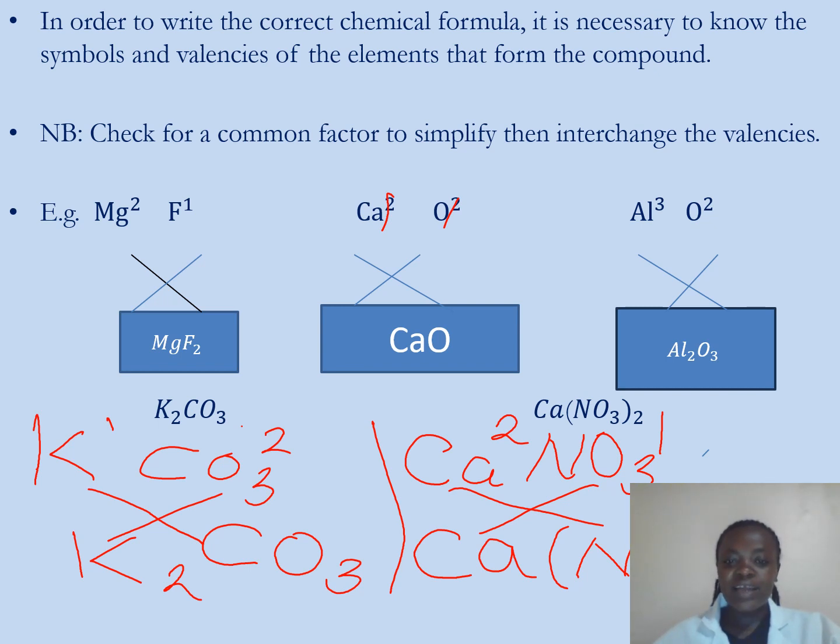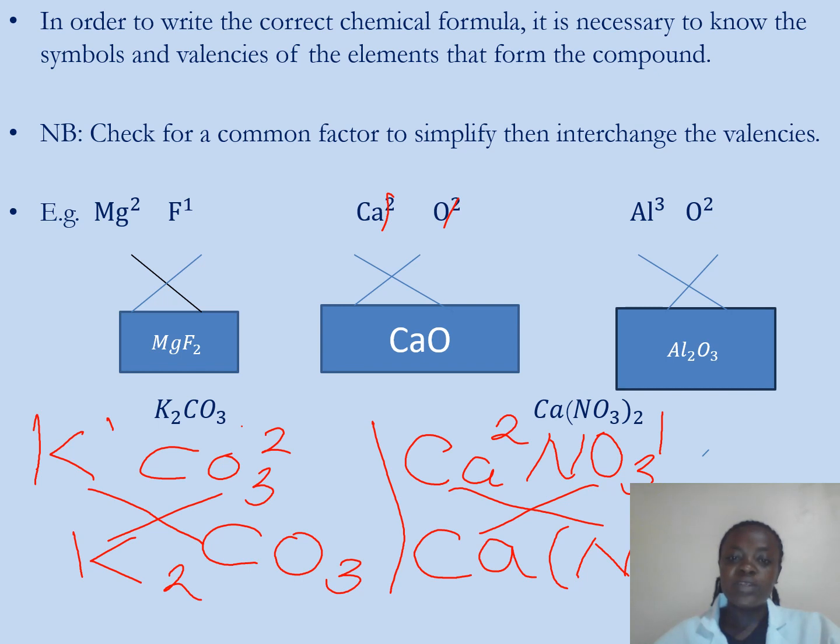Let us look at calcium oxide. The chemical symbol for calcium is capital C and small a, and the valency of calcium is 2. Then for oxygen, the chemical symbol is O, and its valency is 2. Do we have a common factor? Yes, 2 is a common factor, so we simplify by cancelling the 2.